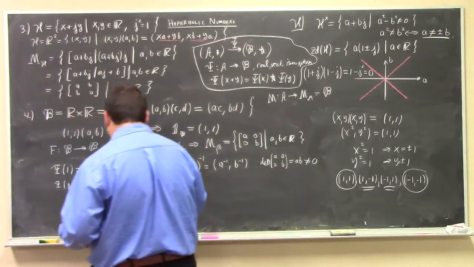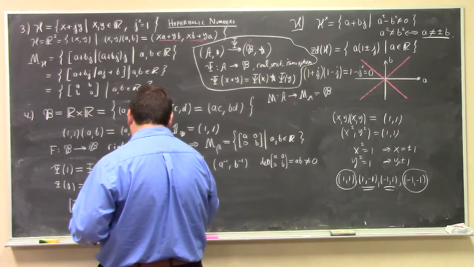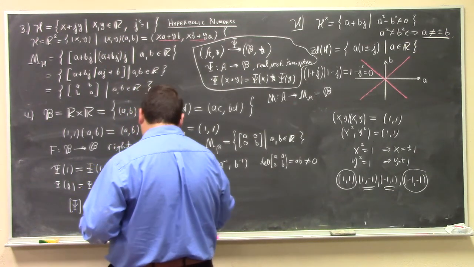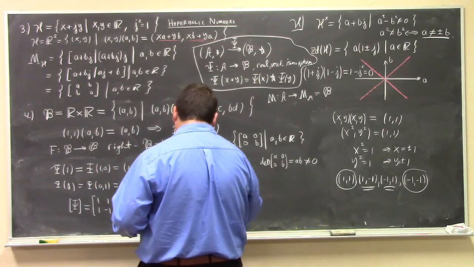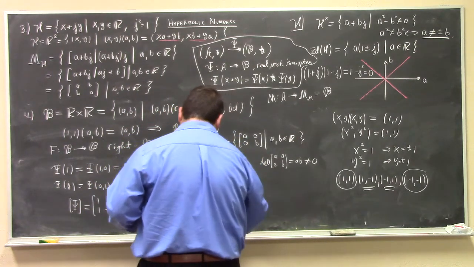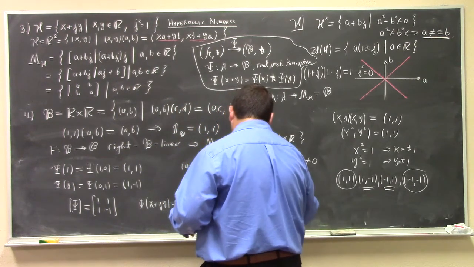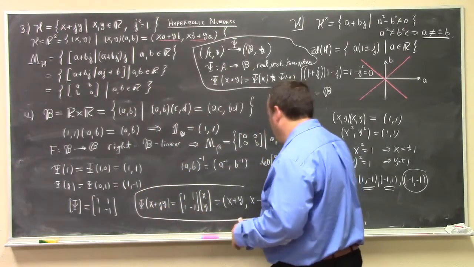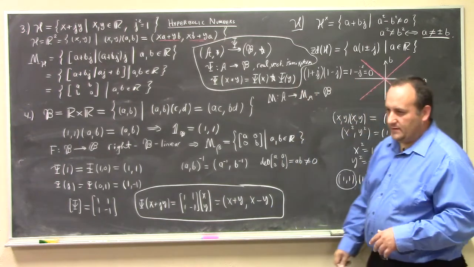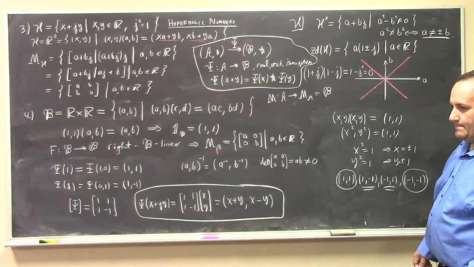And just to write the formula more fully, psi of x plus jy is equal to the matrix 1, 1, 1, minus 1 times xy. So the formula straight up is x plus y, x minus y. And so there you go. That is the isomorphism of the hyperbolic numbers and the direct product algebra, one of two.